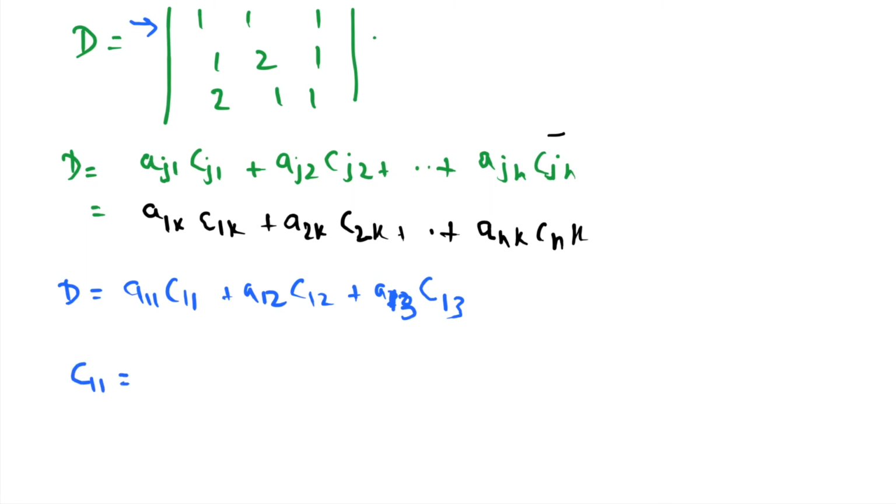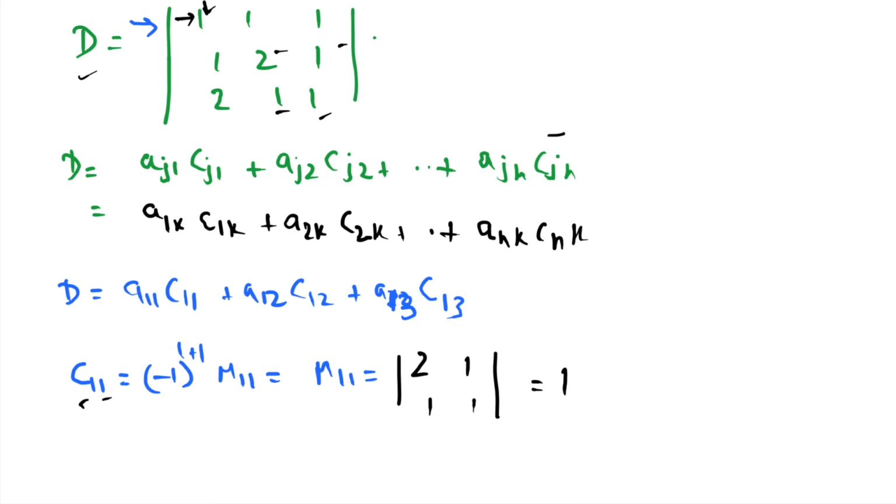C11 will be equal to minus 1 raised to the power 1 plus 1 times M11, so this will be nothing but M11. M11 is a determinant obtained from D by eliminating the first row and the first column. So you are left with 2 1, 1 1, which is 1.